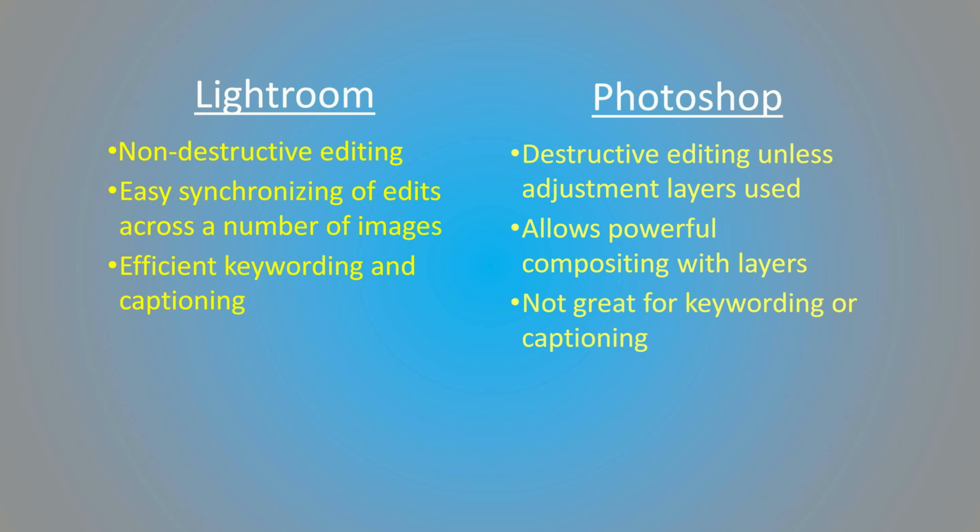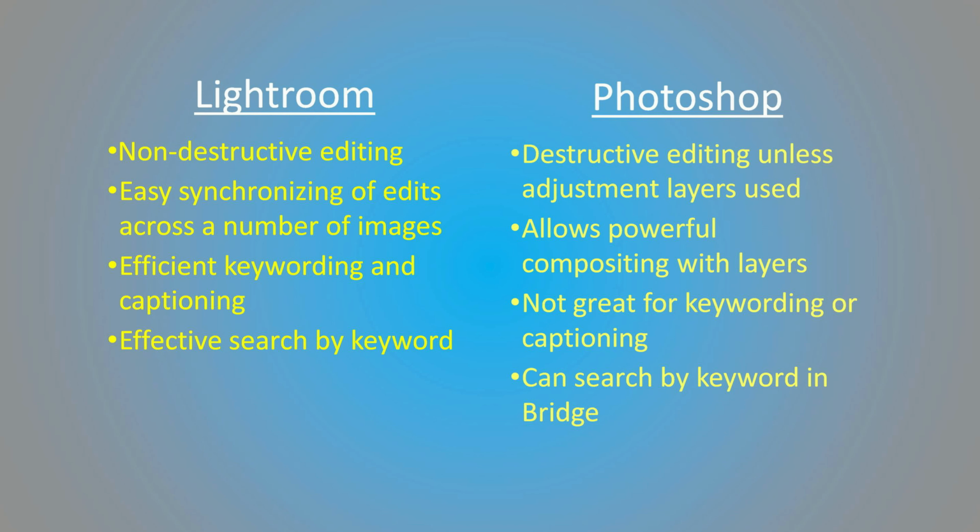One of the things I like about Lightroom is its efficient keywording and captioning capabilities. So if you've ever done stock photography, you know that anything that goes on the internet and you want to have found has to have keywords and a decent caption in order for people to find your image. Photoshop, not so great for that, but there may be some capabilities in Bridge to allow you to do that, but not directly in Photoshop itself.